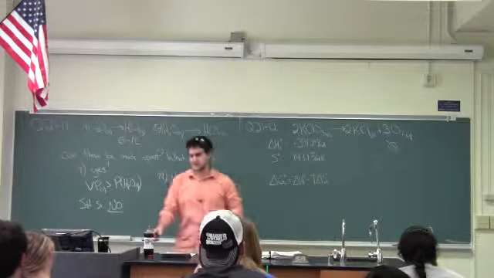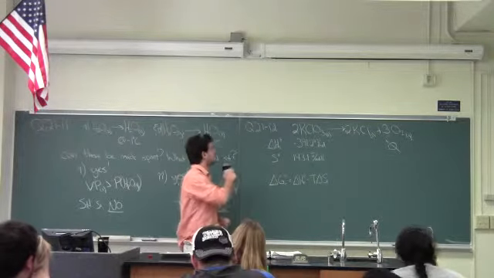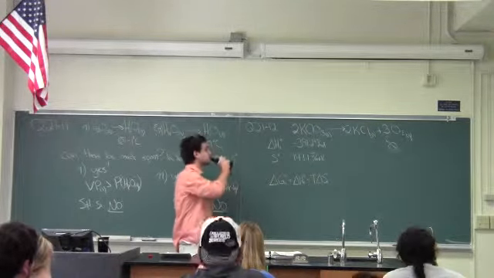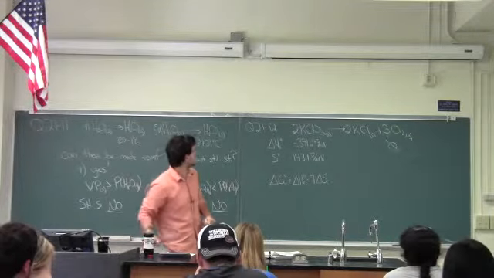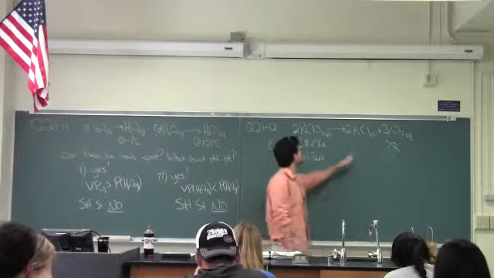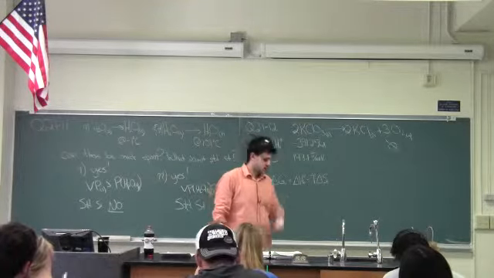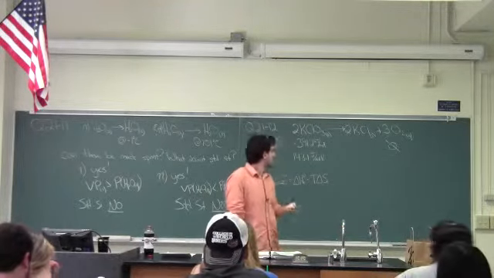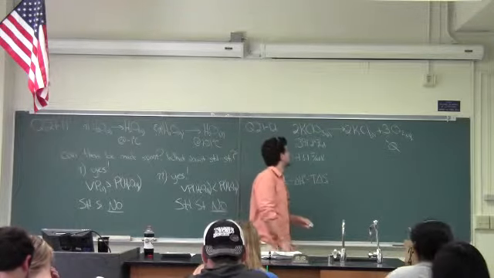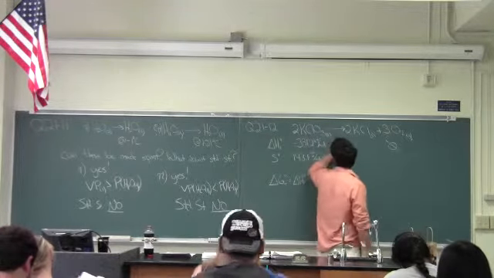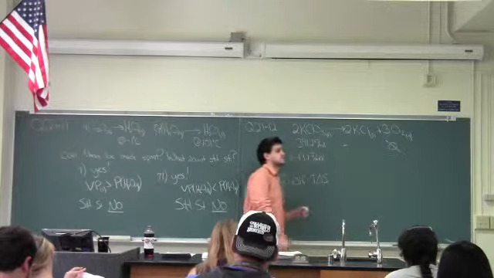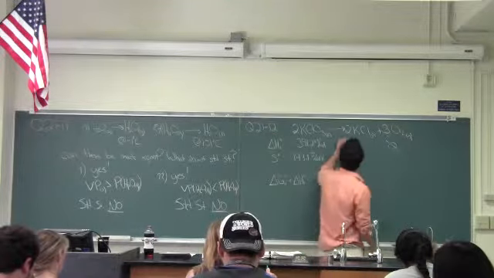Oxygen, most stable allotrope of the oxygen element. O2, dioxide gas. Heat of formation 0. That one's easy. So what's the heat of formation for KCl right off the table? Enthalpy. Negative 436.7.